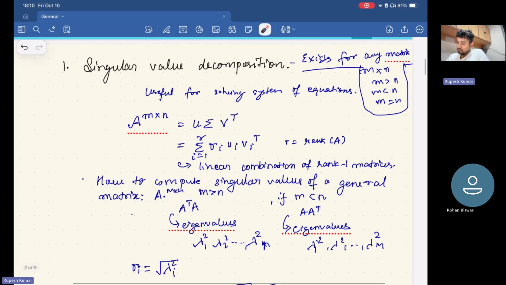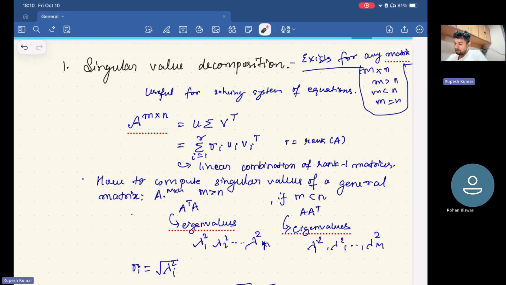Now, SVD says we can write any M cross N matrix as a linear combination of R rank 1 matrices, right?